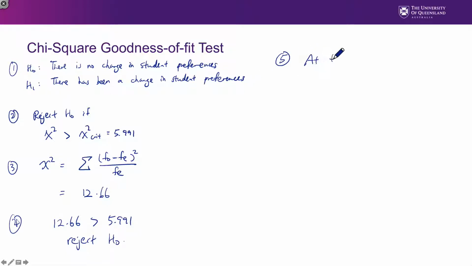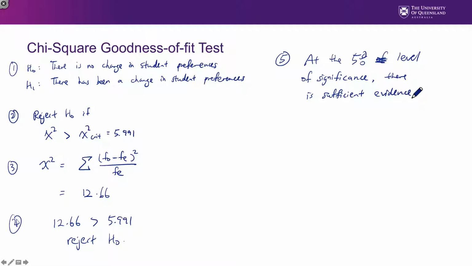So at the 5% level of significance, there is sufficient evidence to conclude that there has been a change in student preferences. And that is how you do a goodness of fit test.